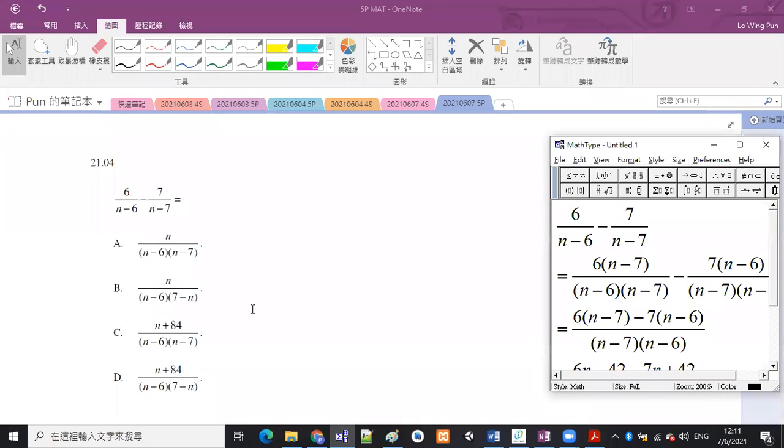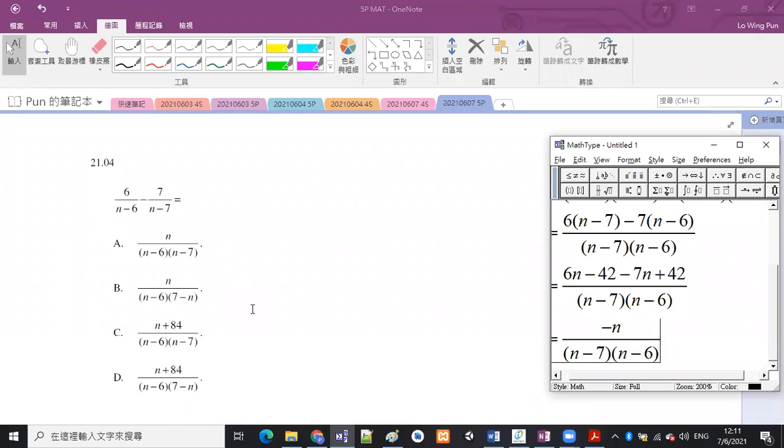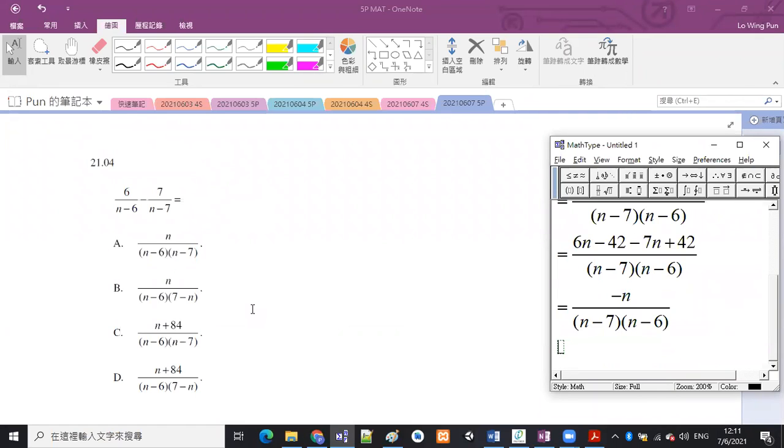Okay, so if this is the long question, then this will be the final answer. But we do not find any negative n from the numerator in the 4 options. Okay, so we may need to take out a negative sign from the denominator. Okay, that's like this.